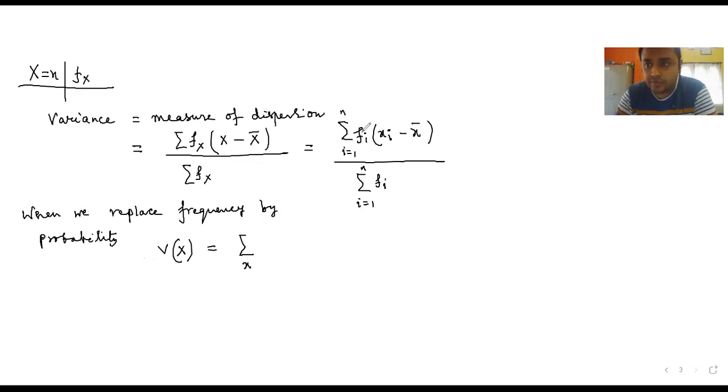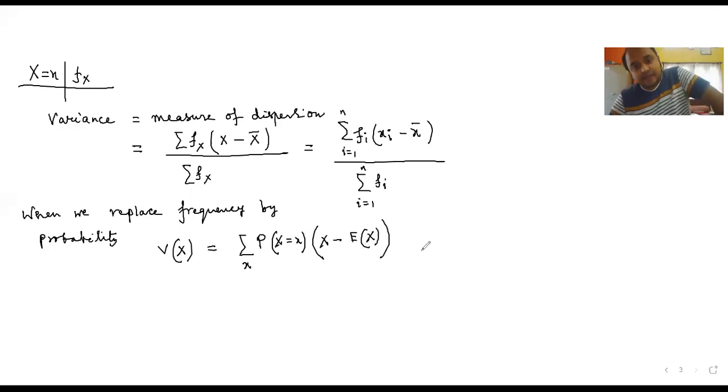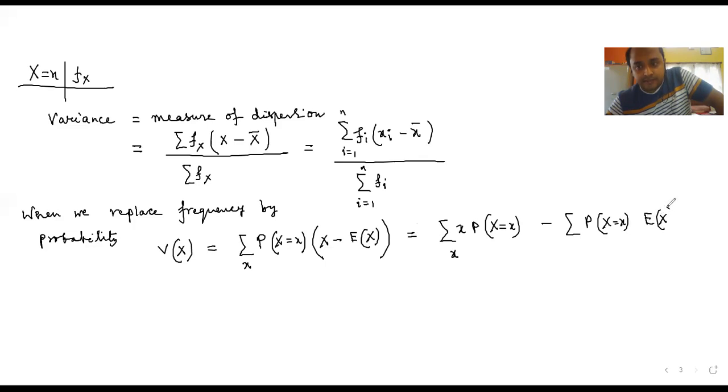The frequency will be replaced by the probability, so probability of X equal to small x, and the value will be x minus E(X), because x bar is my E(X). This can be written in the following ways: summation over x into P(X equal to small x), and we can write it as summation P(X equal to small x) E(X).